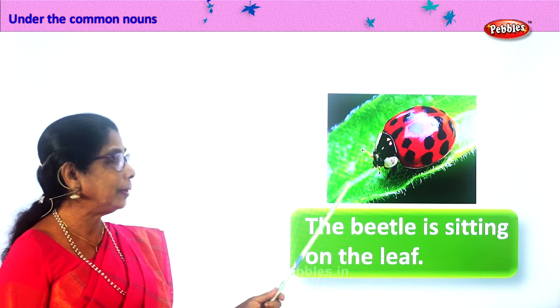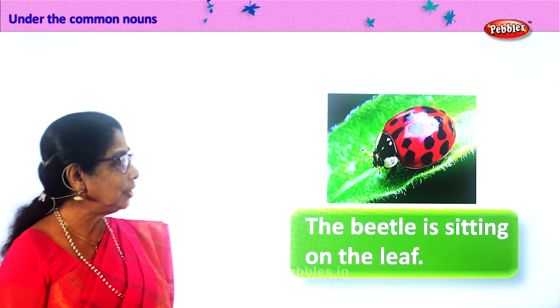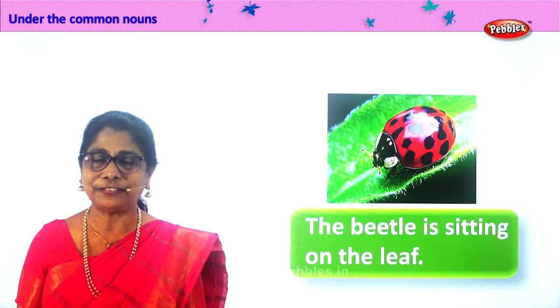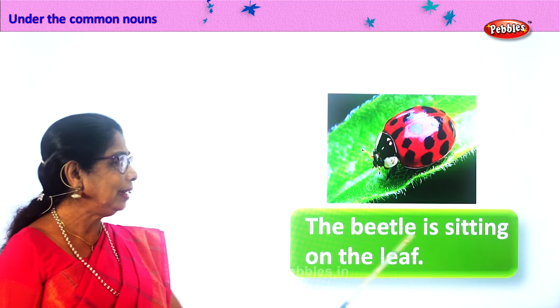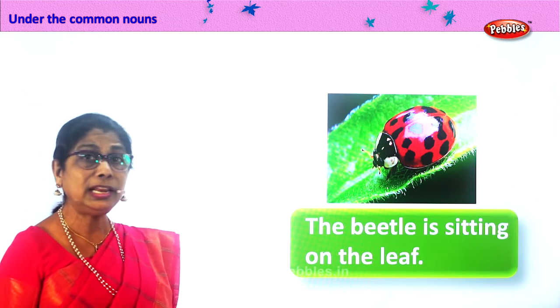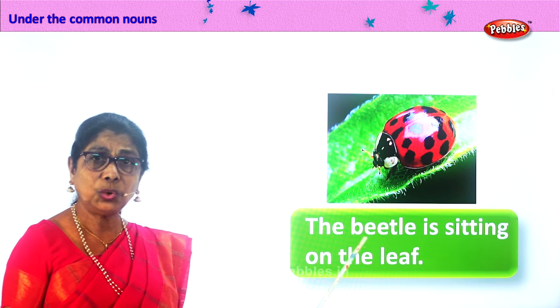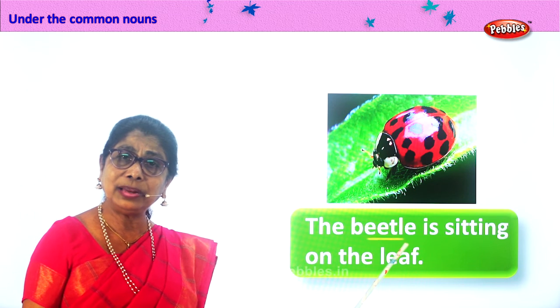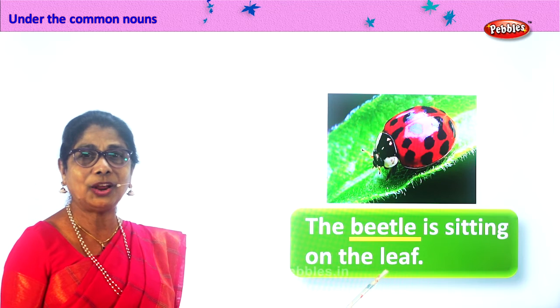Look, here you have a beautiful, colorful ladybug sitting on a beautiful green leaf. Let's read the sentence. The beetle is sitting on the leaf. Beetle is a common noun. We underline beetle. Where is the beetle sitting? On the leaf. So leaf is also a common noun.